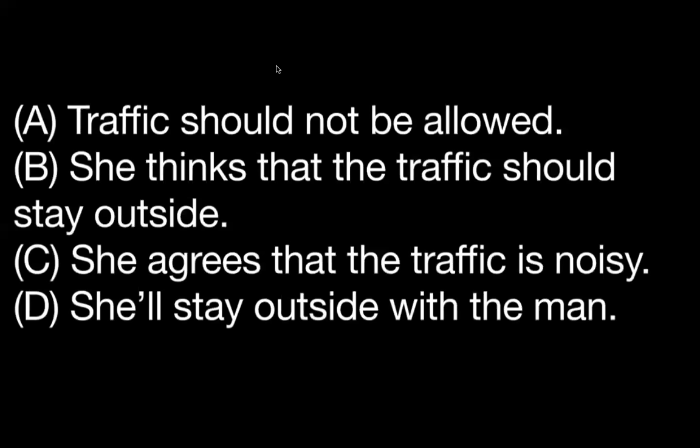Number 12. The traffic outside is really loud. I'll say. What does the woman mean? Number 13. Have you seen the headlines yet today? I haven't had a chance to read a word. What are they probably discussing?